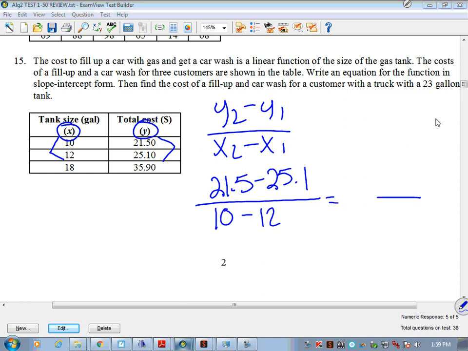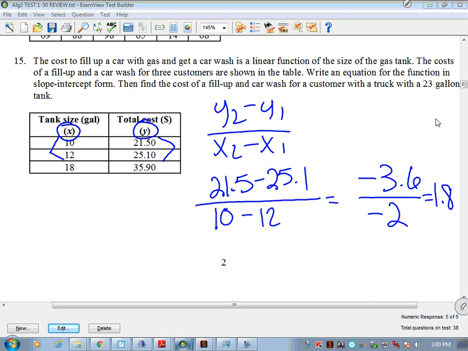You guys help me out here. What is 21.5 minus 25.1? Negative 3.6. And what is 10 minus 12? Negative 2. So we know we're going to get a positive answer because we're dividing a negative by a negative. What is 3.6 divided by 2? 1.8. 1.8 is my slope. So we're going to hold on to 1.8.